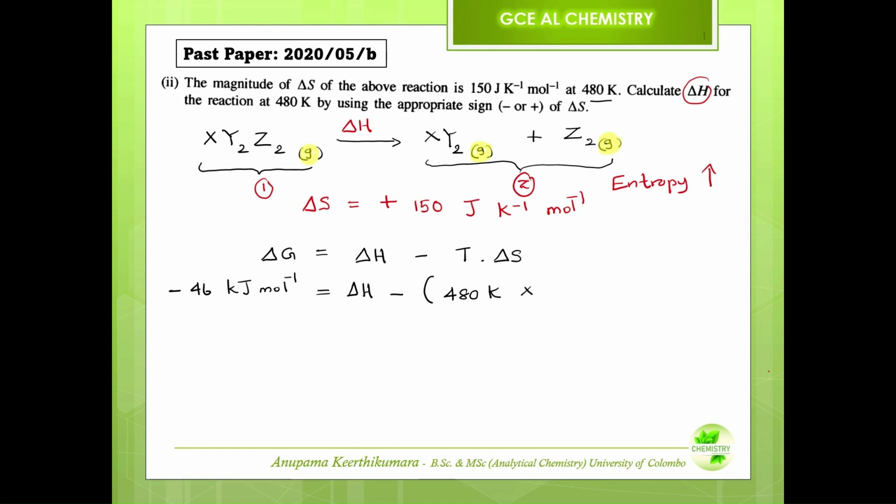Then entropy change, it's 150 joules per Kelvin per mole. Now we can see the unit of delta G is kilojoule. Therefore, first we need to convert these joules into kilojoules. For that, you can divide this value by 1000, or you can write 10 to the power minus 3 kilojoules per Kelvin per mole.